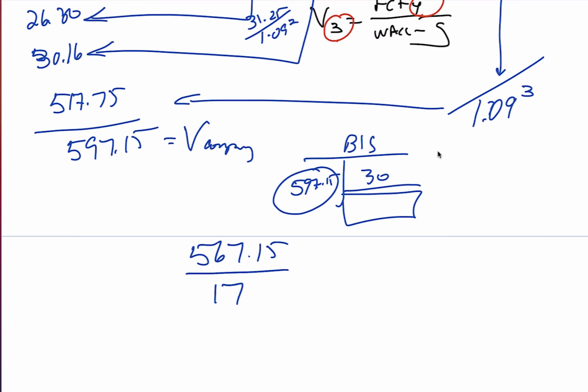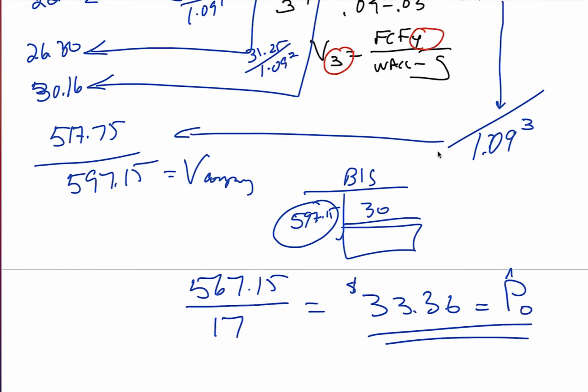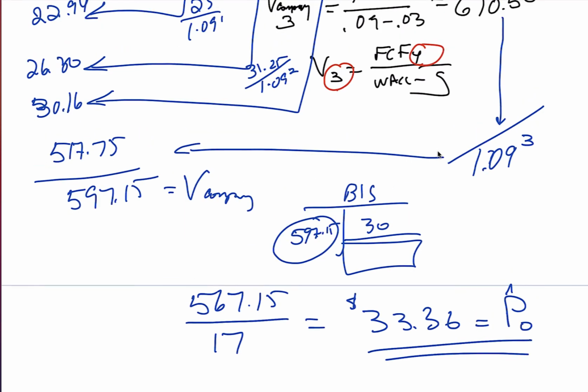And we'll get a price of $33.36 for an estimate of the stock price today, time 0, using two-stage cash flow. And the cash flow is defined to be free cash flow here.